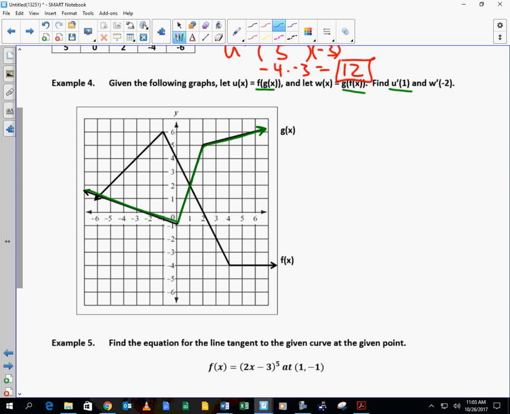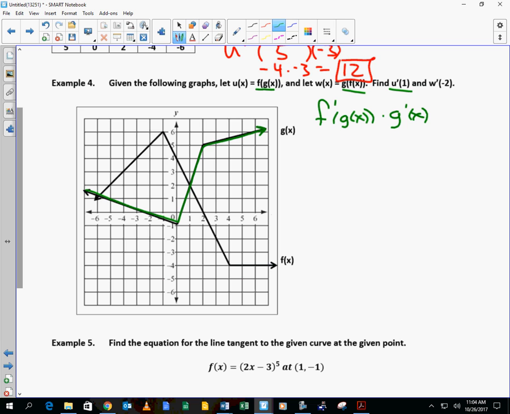So what's going to be the rule for u prime if u is f of g of x? What's going to be the derivative of this? F prime of g of x, good, times g prime of x. The derivative of the inside times the derivative of the outside with the inside left alone.